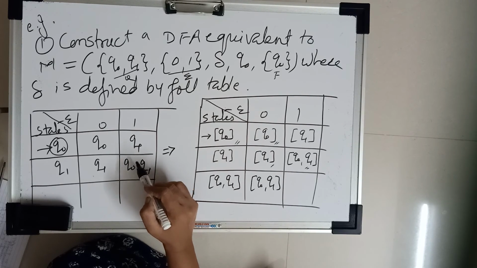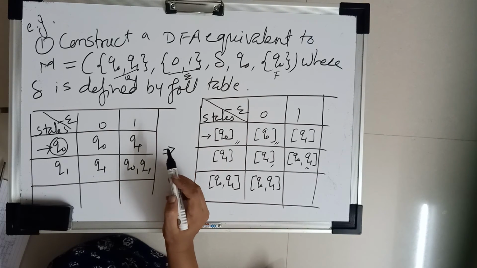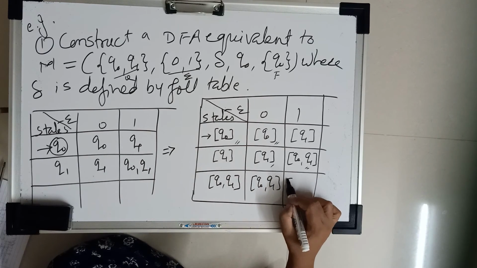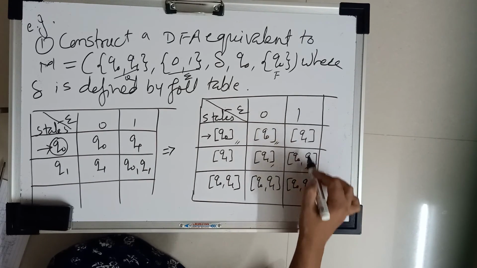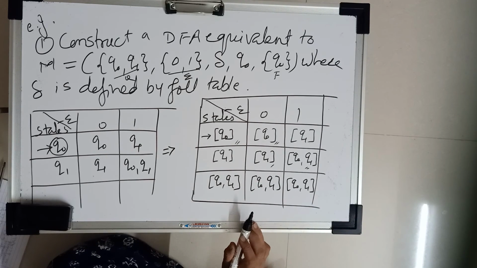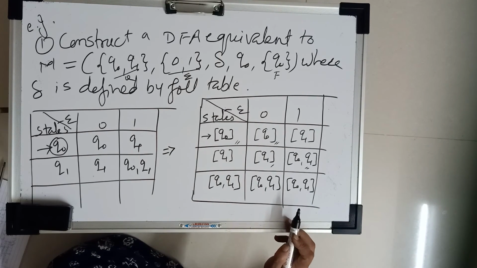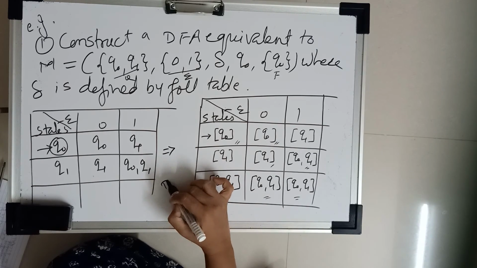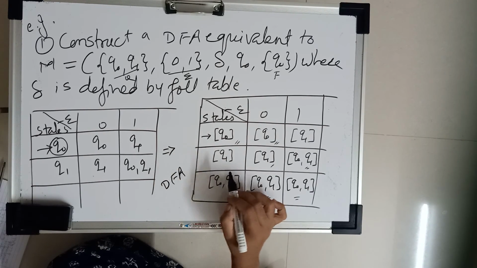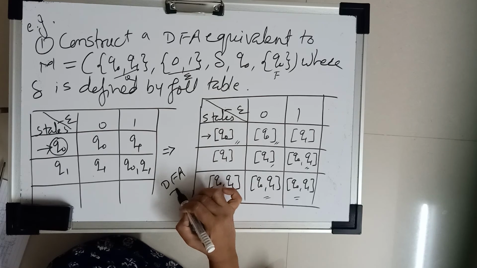Q1 is given twice but we'll consider it once. So we write Q0, Q1 as the entry for the 1 column. Again check whether we get a new entry from these two values. We are not getting any new entry, so we can terminate this table, and this is your DFA table, the transition table of the DFA.